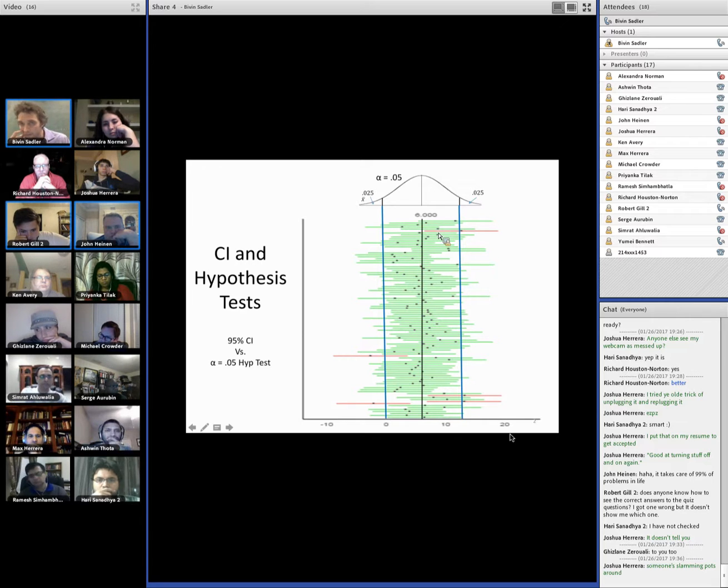For the confidence intervals that don't contain mu, the hypothesis test will reject the null, which is saying the exact same thing, right? 6 is not a plausible value in this red interval right here. So when I do the hypothesis test of mu equals 6, I reject it because this guy is in the rejection region. And you can tell because the critical value here is the same as the multiplier of this confidence interval.